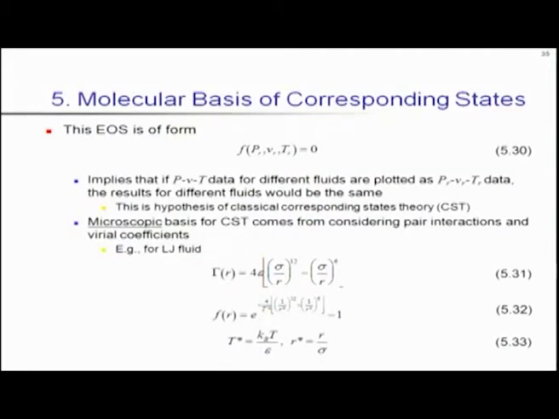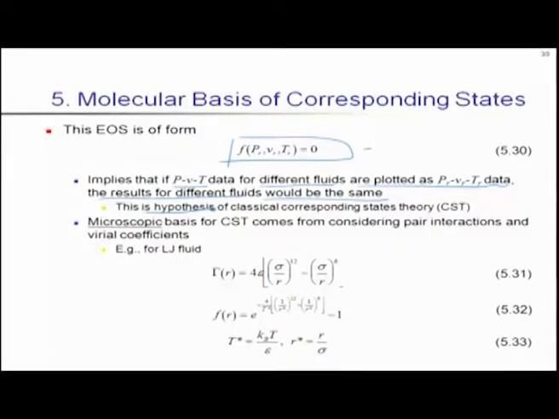Now, this equation basically is in this form, okay, and that is what we are talking about in terms of corresponding state theory. So, this equation implies that if PVT data for different fluids are plotted as Pr, Vr, Tr data, the results for different fluids would be the same, and that is basically the hypothesis of classical corresponding state theory, okay.